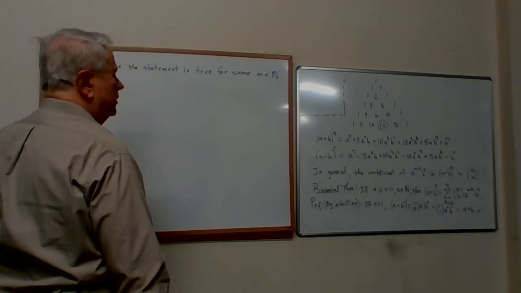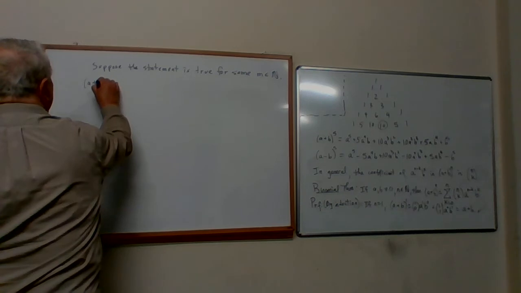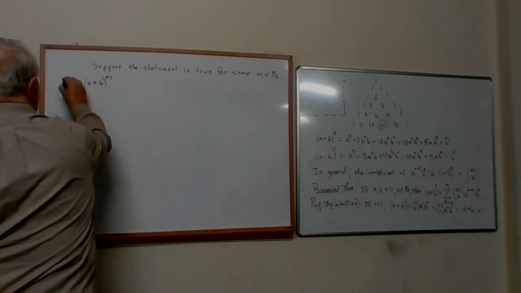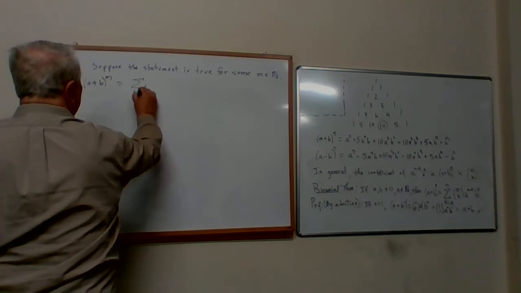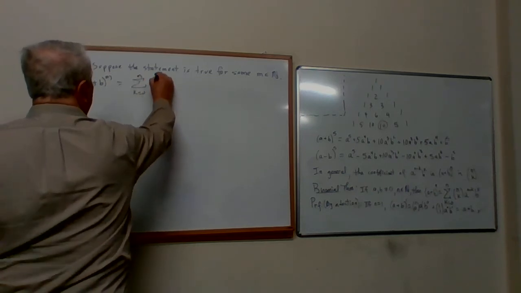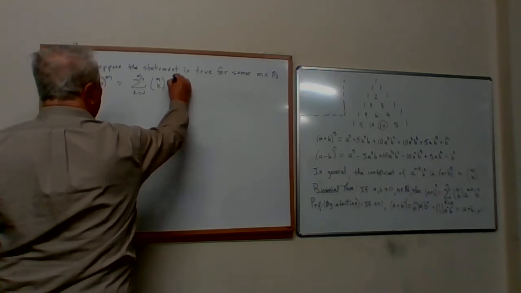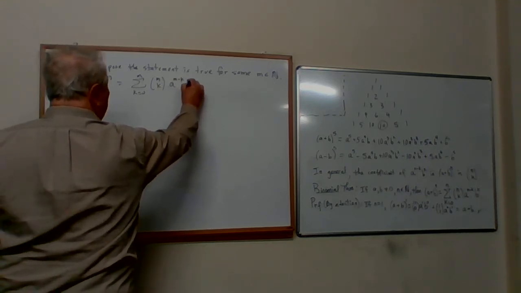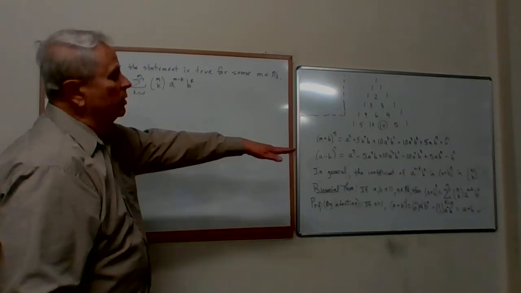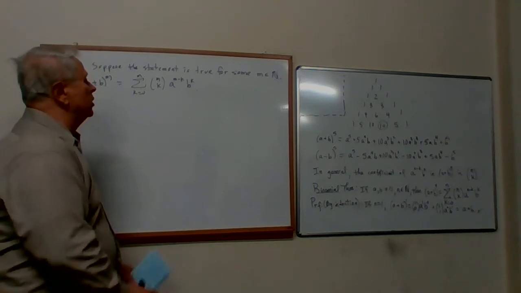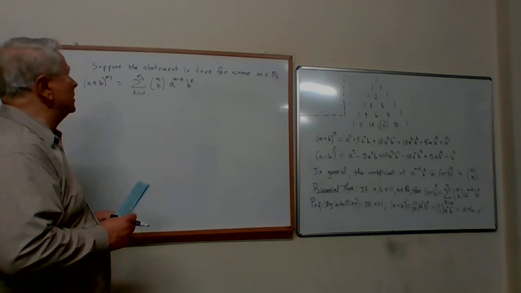Okay, so in other words, a plus b to the m is equal to the sum from k equals 0 to m of m choose k a to the m minus k b to the k. Suppose that's true for some m. And by the way, we know it's true for that m. My job is to show that it's true for the rest of the m's, for m plus 1.